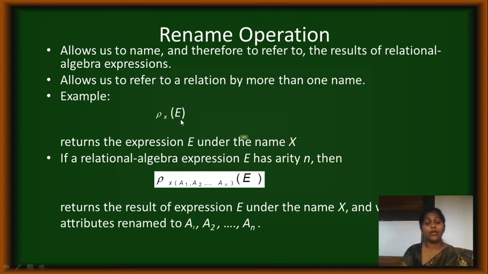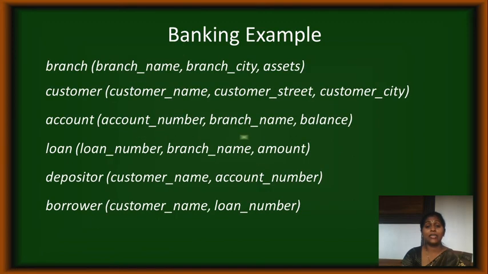For example, rho X of E returns the expression E under the name X. If the relational algebraic expression E has arity n, then rho X of A1, A2, A3 and so on returns the result of expression E under the name X and with the attributes renamed as A1, A2, up to An. This is how renaming can be done.